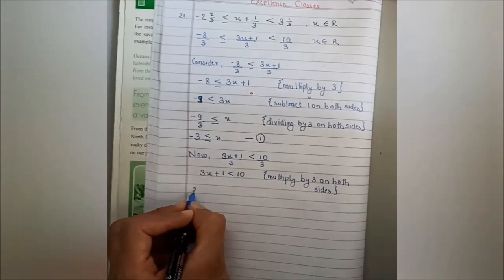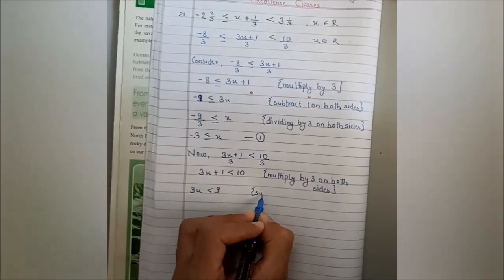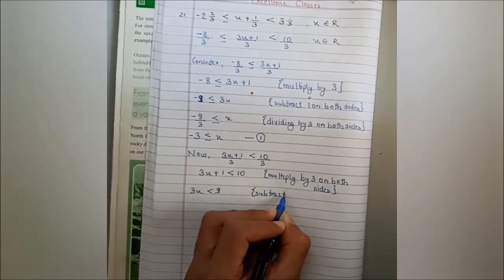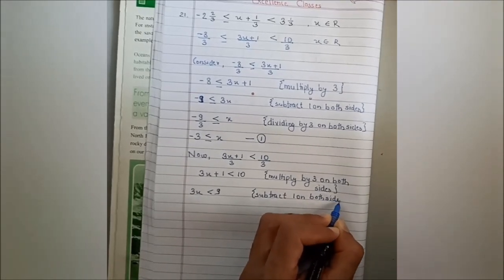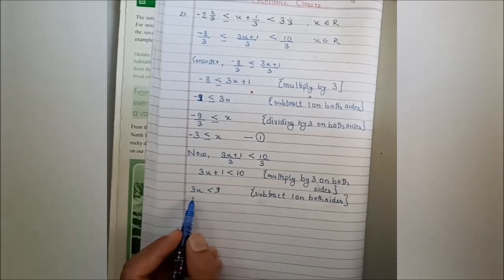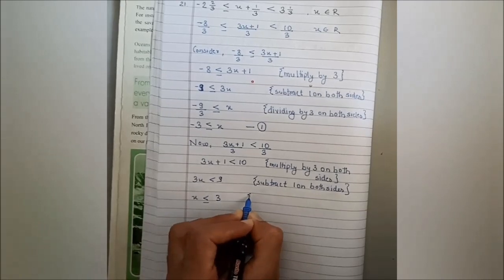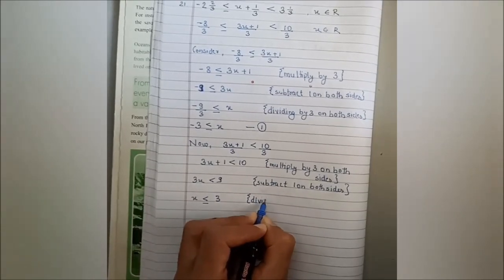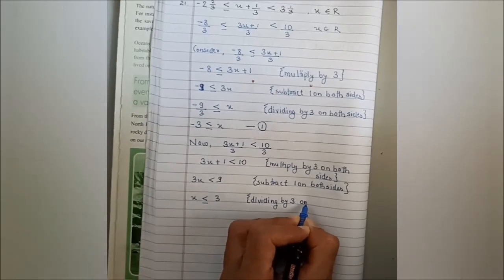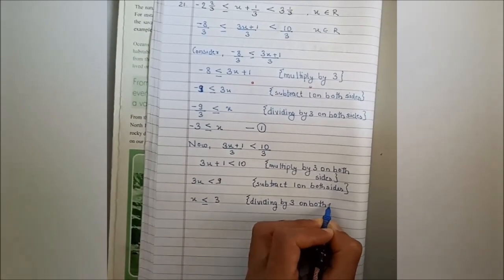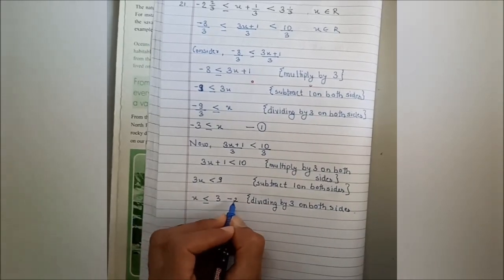Now subtracting 1 on both the sides, I'll get 9. Now we have to divide by 3, so it will give me x less than 3. So this gives me equation 2.